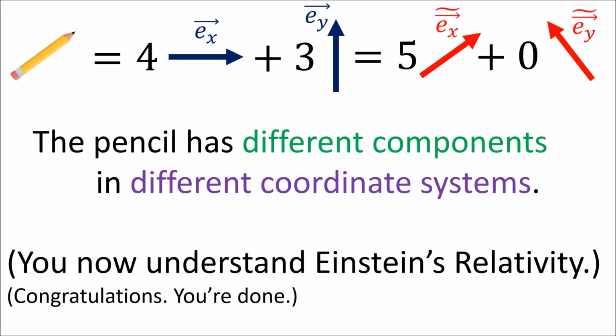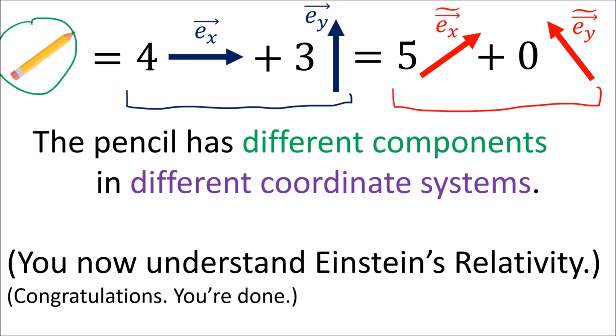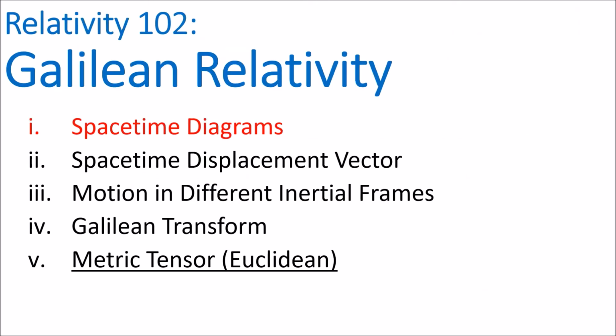So when I say that understanding the idea of different basis vectors giving us different components for the same physical separation is the same thing as understanding Einstein's relativity, I'm really not exaggerating all that much. This is the central idea behind time dilation and length contraction. And we'll start learning the math behind these spacetime separations in the next part of Relativity 102, starting with spacetime diagrams.